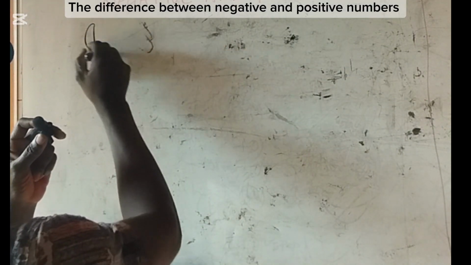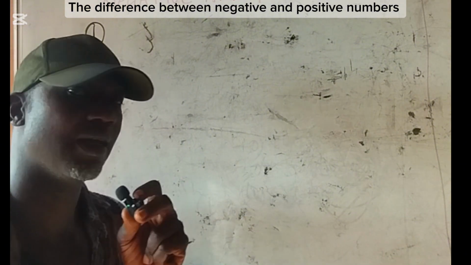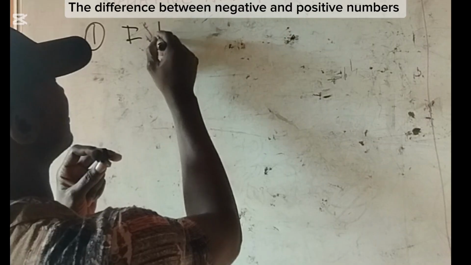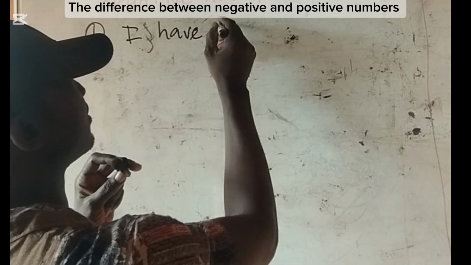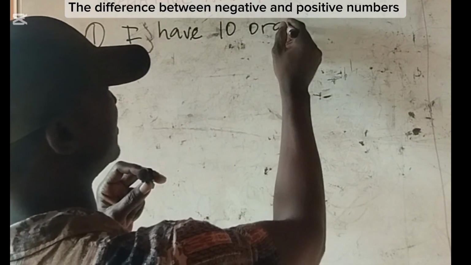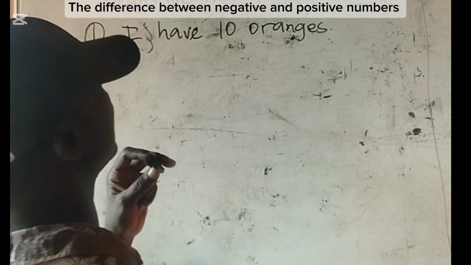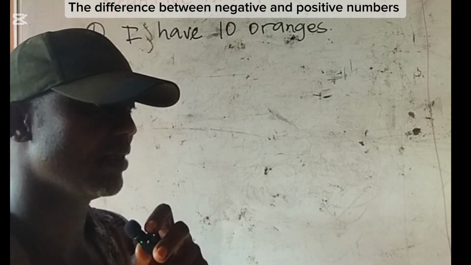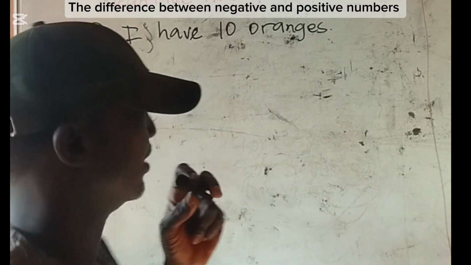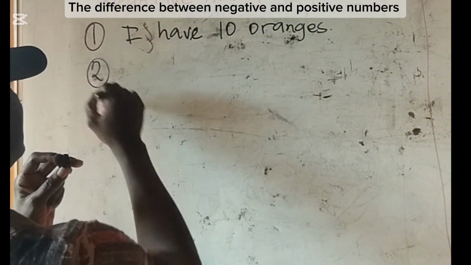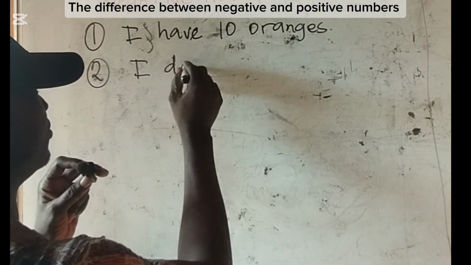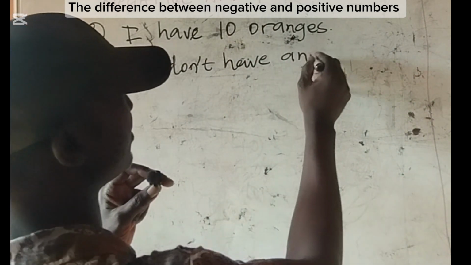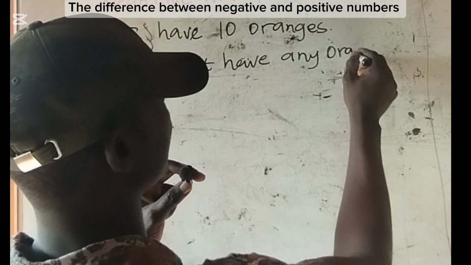The first one is, at that state where I have 10 oranges, I can write a simple sentence and say, I have 10 oranges. In the second state where I lost all the oranges, I'm left with no oranges, I can now write, I don't have any oranges.